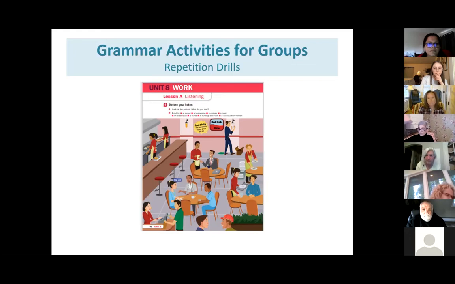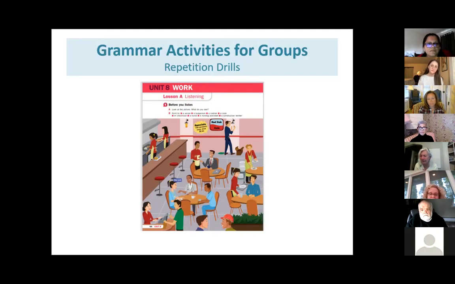So, using this picture, is he a waiter? Is she a cashier? Is he an electrician or a construction worker? What is his job? Oh, his job is electrician. What is her job, right? And you can ask questions and have the students answer together, or you can go around, round robin, and ask questions.